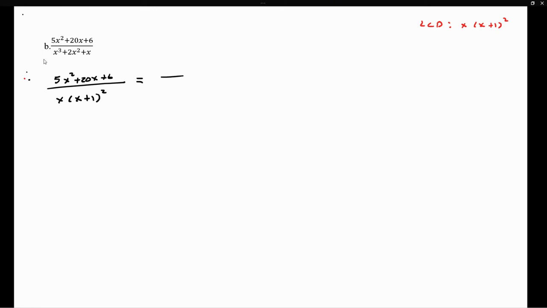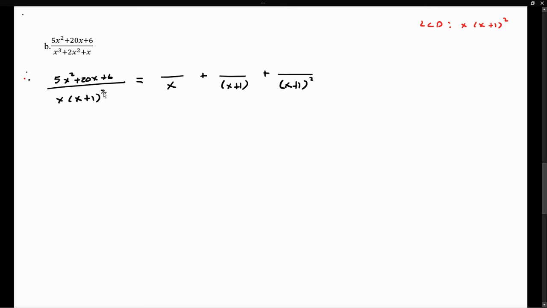So we're going to have one denominator for x, one denominator for x plus 1, and another denominator for (x plus 1) to the second. So this is the difference.